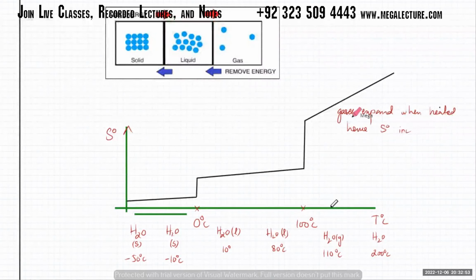Okay, we're not going to call it standard entropy because we're not doing it under standard conditions. So S increases as temperature increases. So S keeps on increasing as temperature increases.